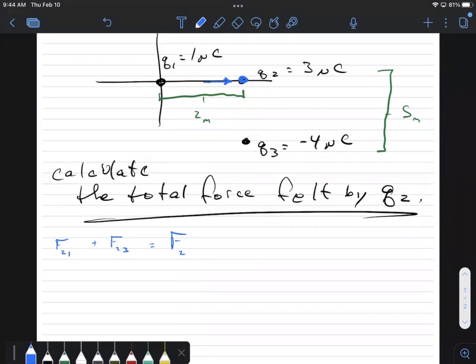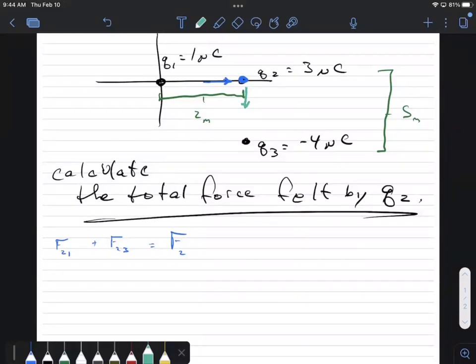And I know that unlike charges attract each other. They try to get closer. So that means Q3 will apply a force trying to bring Q2 closer to Q3. So he will feel a force down towards Q3. And so those are the two forces I have.